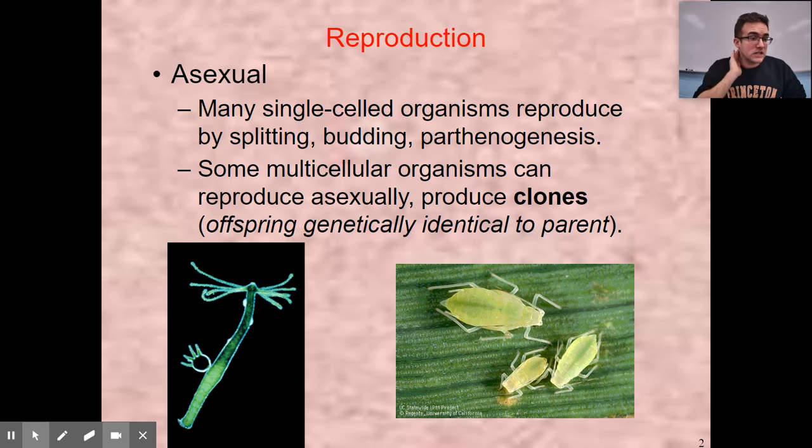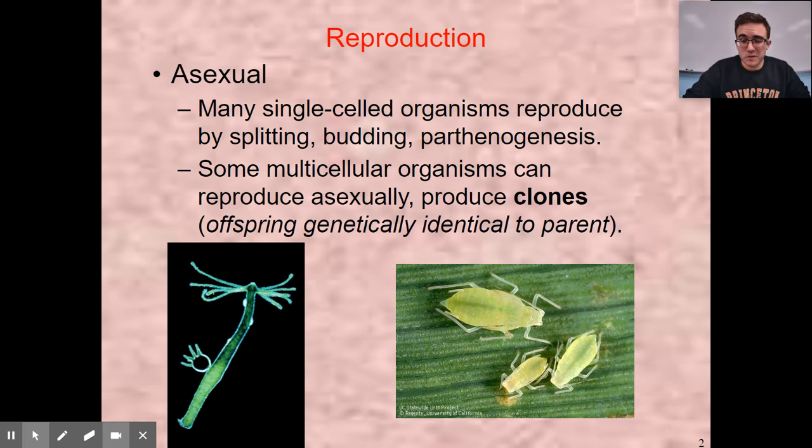So the first thing with reproduction is there are some organisms out there that do reproduce asexually. Because of that, they don't have specialized cells. They do not have sperm or egg cells, so their bodies don't go through meiosis.